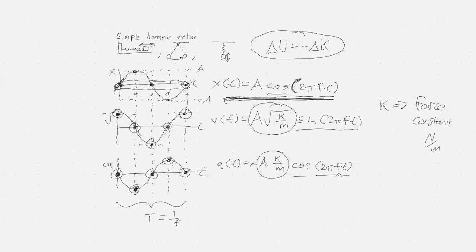The other thing your textbook worked out was that in any one of these cases, the period, which can go inside of your trig functions here, where the frequency is if you invert it, is 2 pi times the square root of m over k, where k is, again, your force constant.